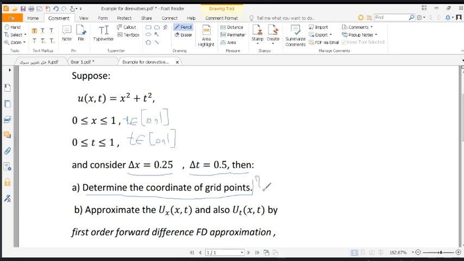Please solve part A, and then send it to me via WhatsApp. Only part A. Only determine the coordinates of grid points.